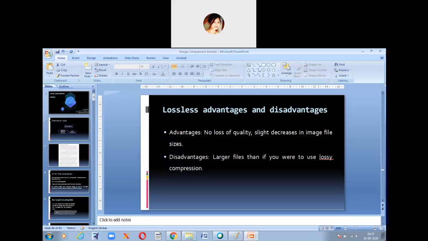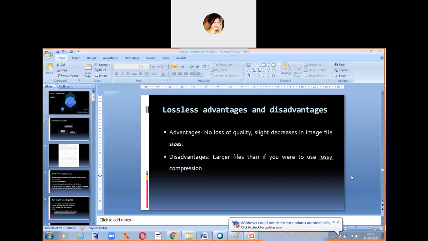Start screen sharing. Students, my laptop is giving a huge problem. My laptop is very old. I think I took it back in 2007 or 8. So it hangs sometimes. If it hangs, just cooperate.